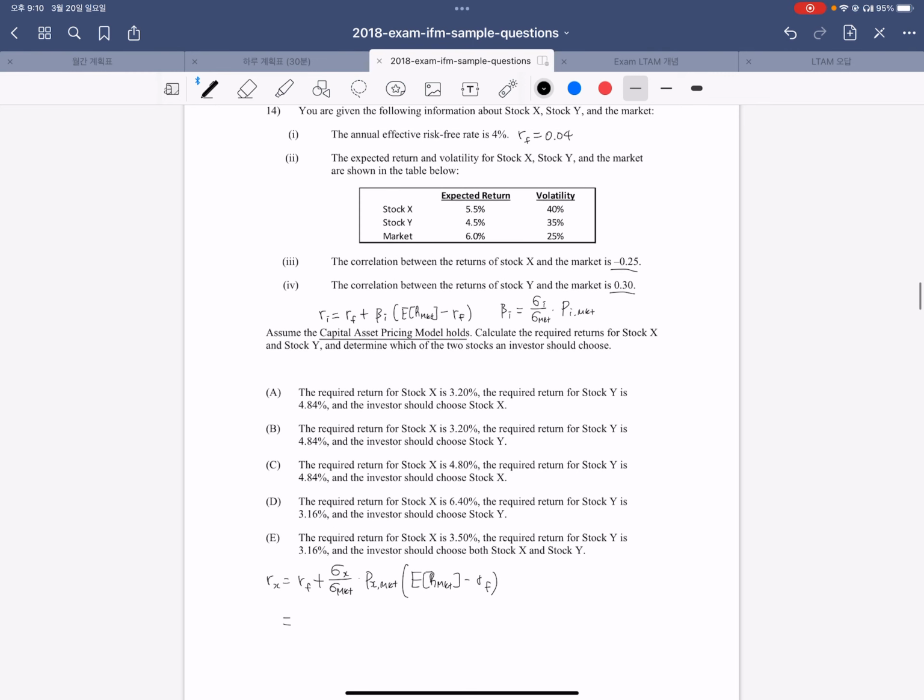Now, we're given all the information, so we just need to plug in the values.